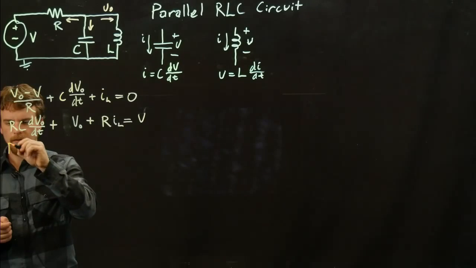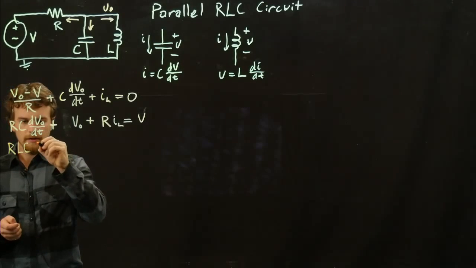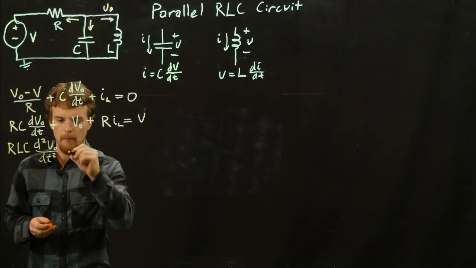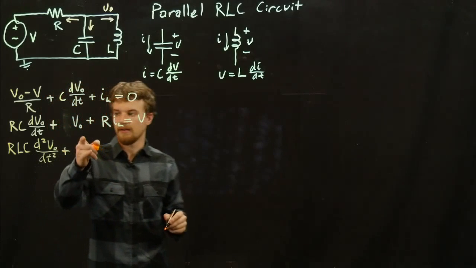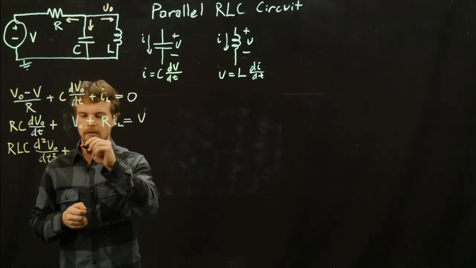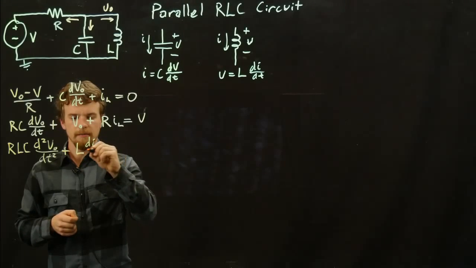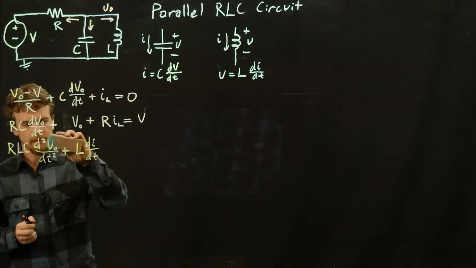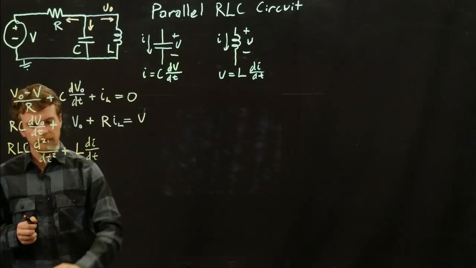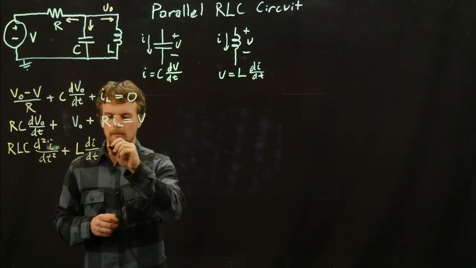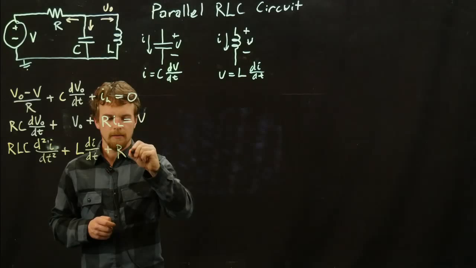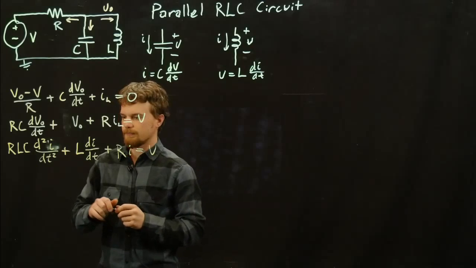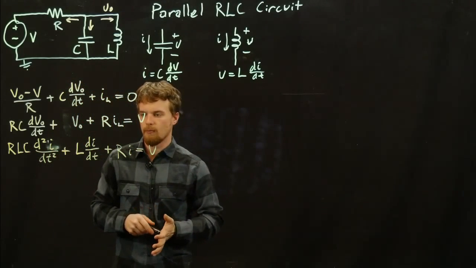So we'll have RLC times the second derivative of I, plus L di/dt, plus R I is equal to V. Okay, so now our equation is all in terms of one variable.